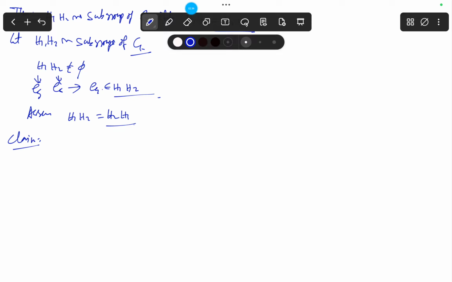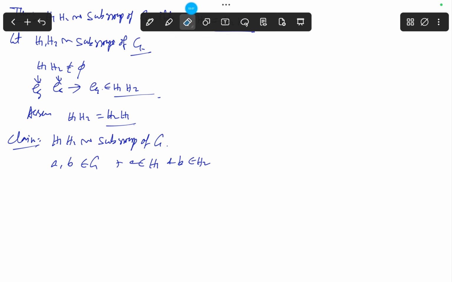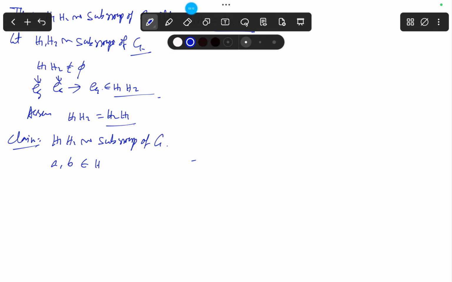My claim is that H1 H2 must be a subgroup of G. So let us take A comma B belonging to G, chosen from H1 H2, since we need to prove the subgroup property. There is no problem, so from H1 times H2 itself.